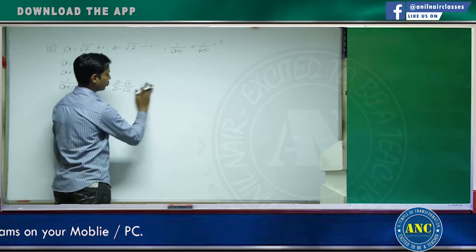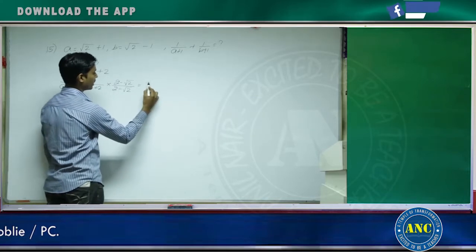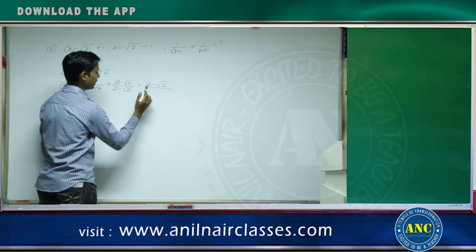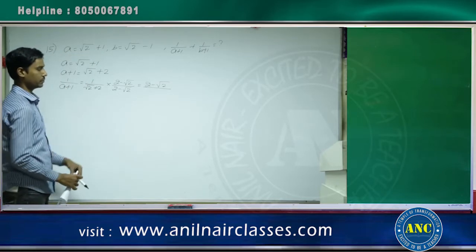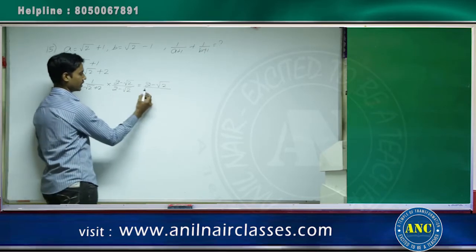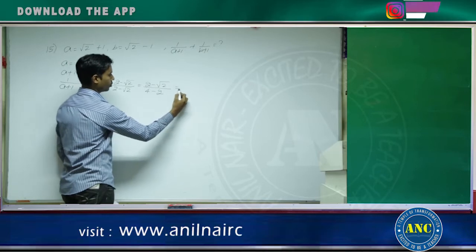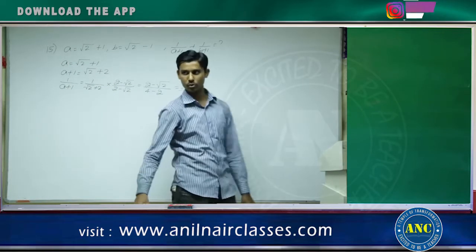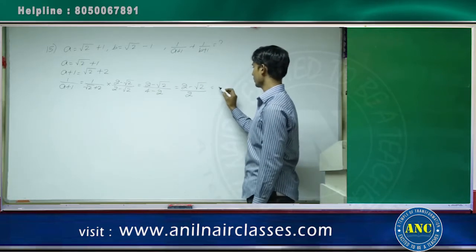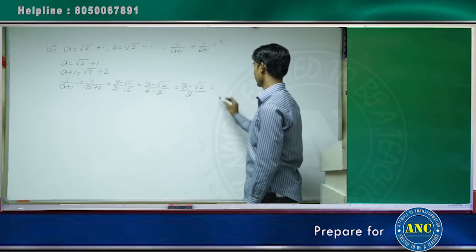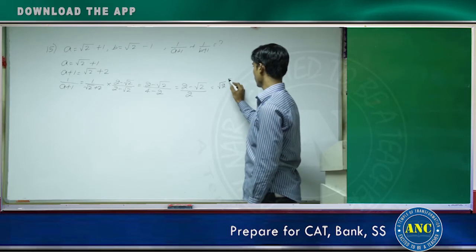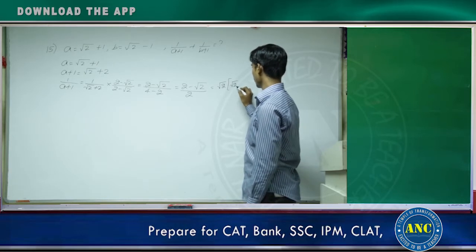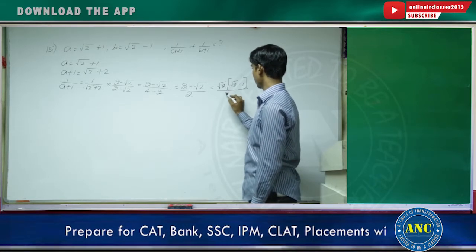The numerator is 2 minus root 2. The denominator is (A plus B) into (A minus B), A square minus B square. So A square is 4 minus 2, so it is 2 minus root 2 divided by 2. If I further simplify it, taking root 2 common, this becomes root 2 into (root 2 minus 1) by 2.